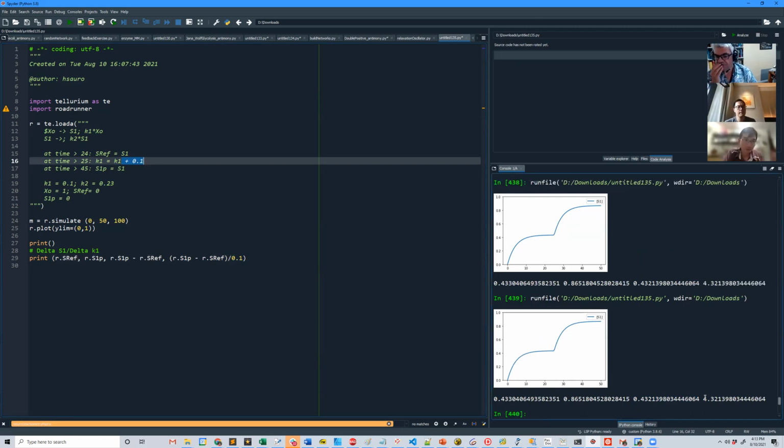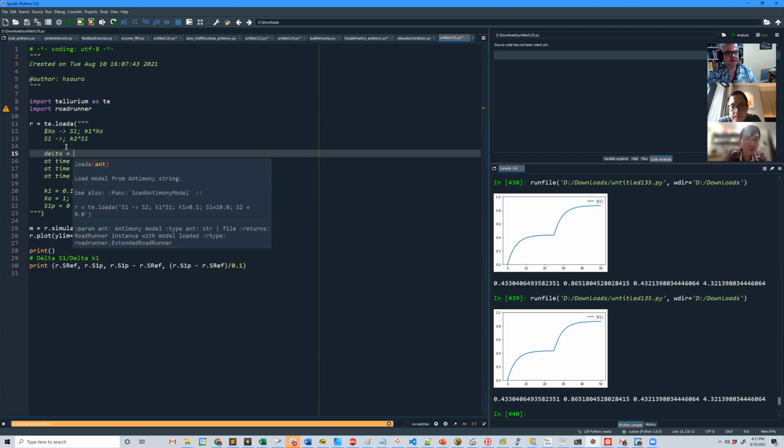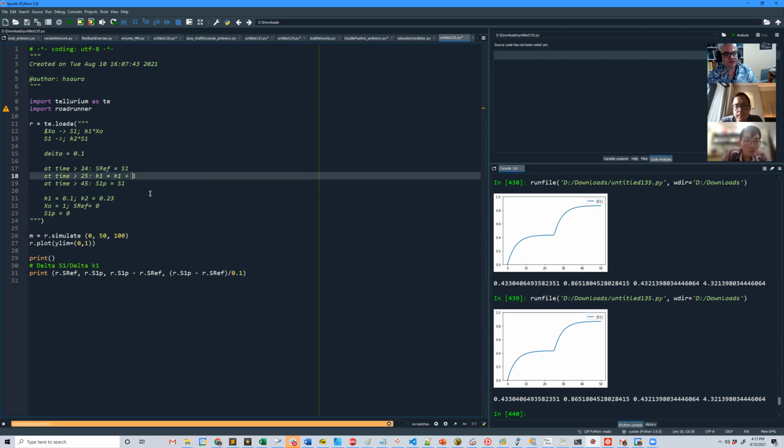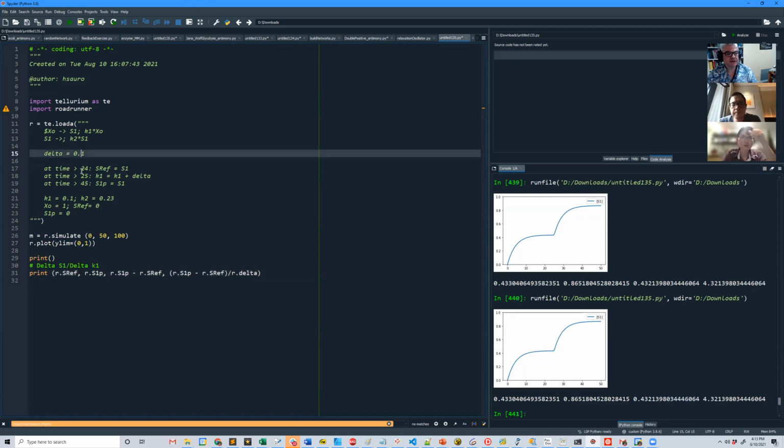So I could make this value smaller and smaller. Actually, let's do this, shall we? Let's go delta equals 0.1, okay? And I can go delta here then, right? Then I can go delta here then. Okay. Right, I should get the same numbers. There you go. So I can make the delta smaller, okay?